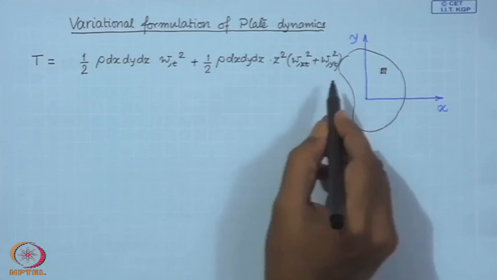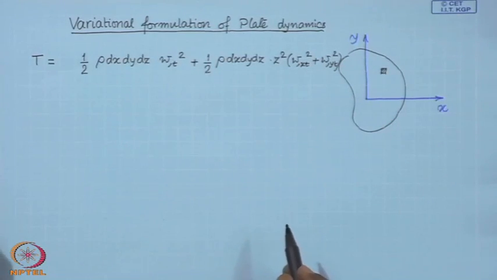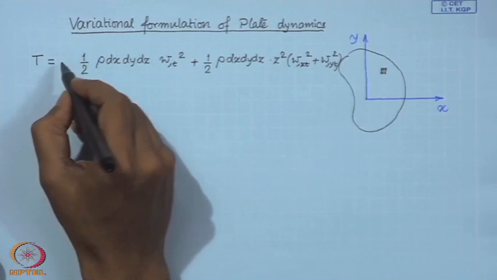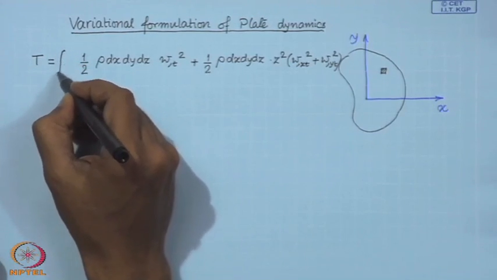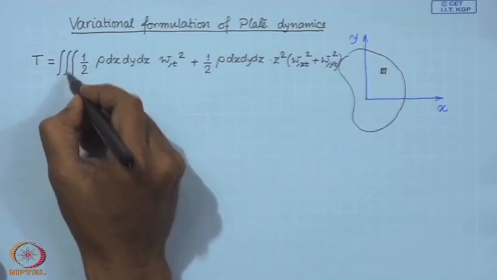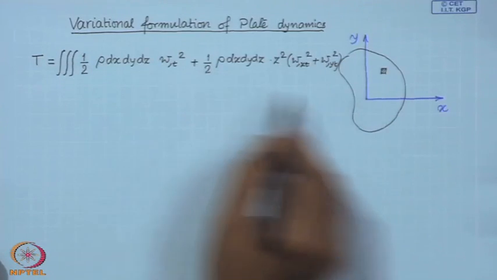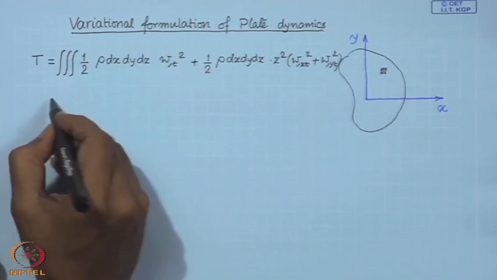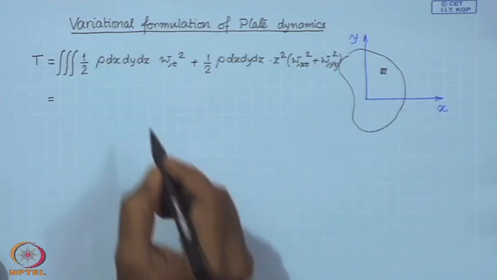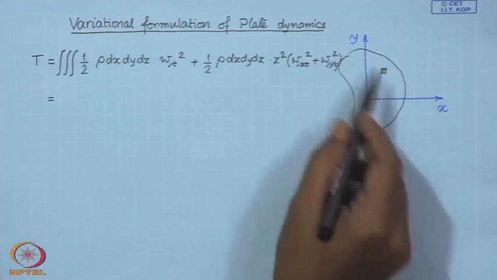So, this is the contribution from the rotary inertia, and if you now integrate this over the complete volume of the plate, then we can obtain the total kinetic energy of this plate.